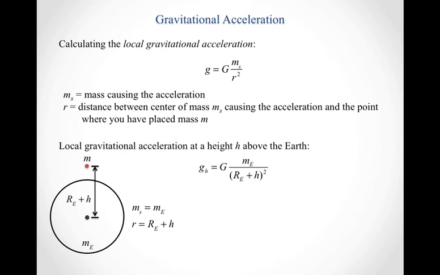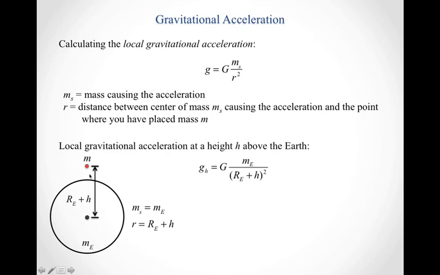How different is the acceleration acting on a satellite in low Earth orbit? To calculate that, your source mass is back to being the mass of the Earth, and r here is now the radius of the Earth plus your height above its surface.